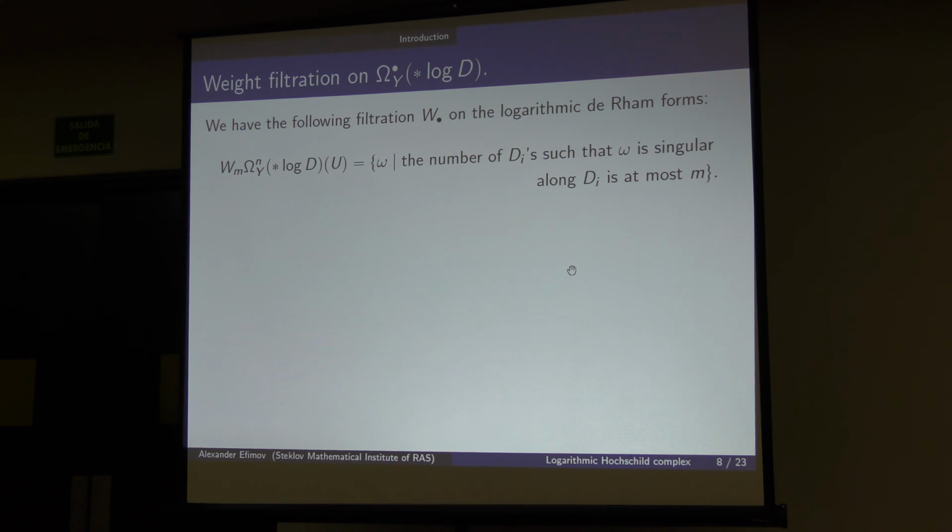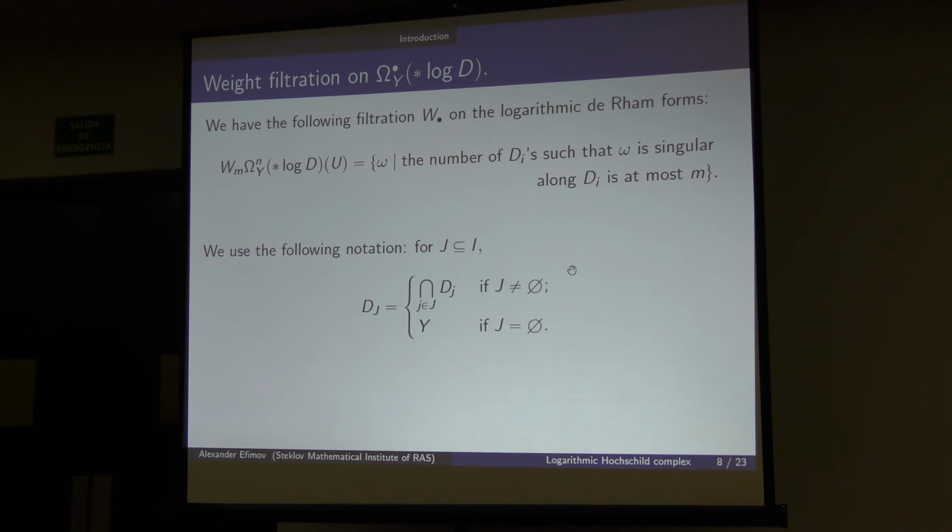There's a weight filtration on the sheaves of log de Rham forms. It's just given by the number of divisors along which the form has a pole. So in particular, W0 is just the usual complex of differential forms on Y. Let us use the following notation.